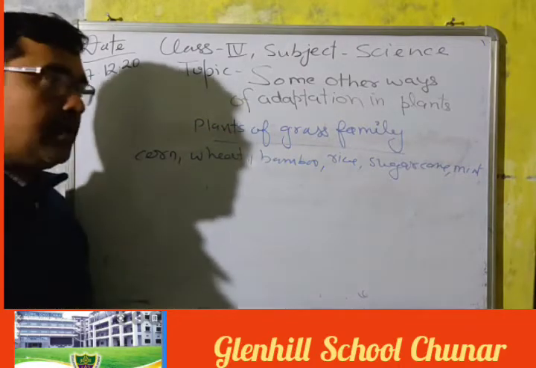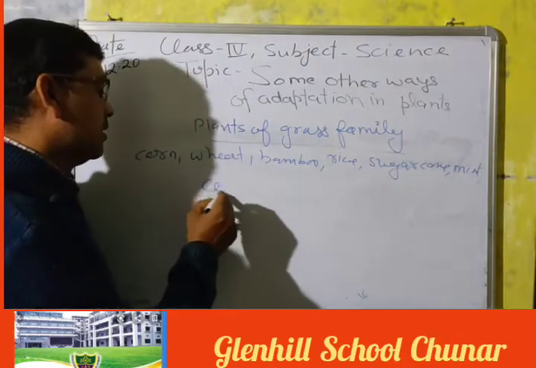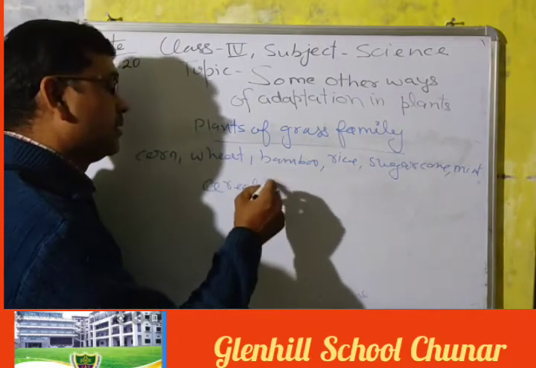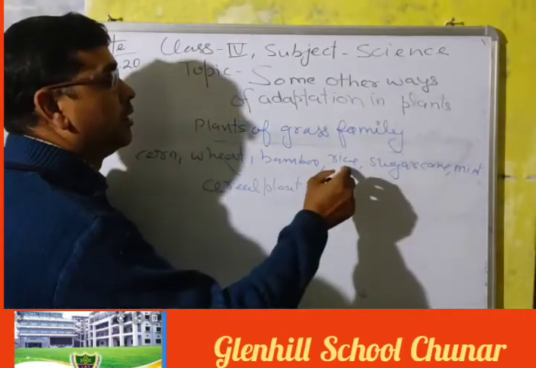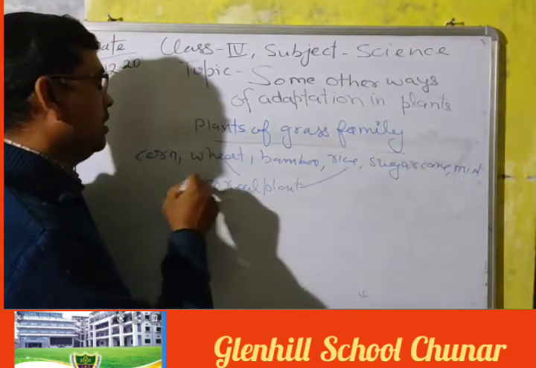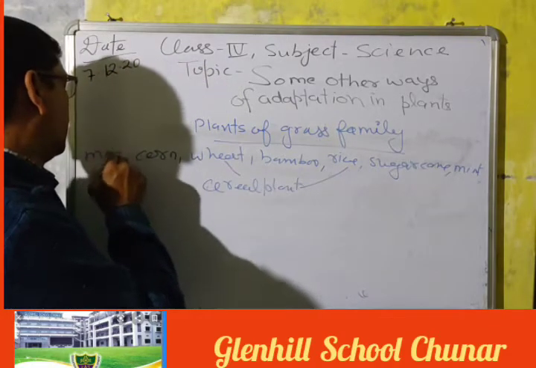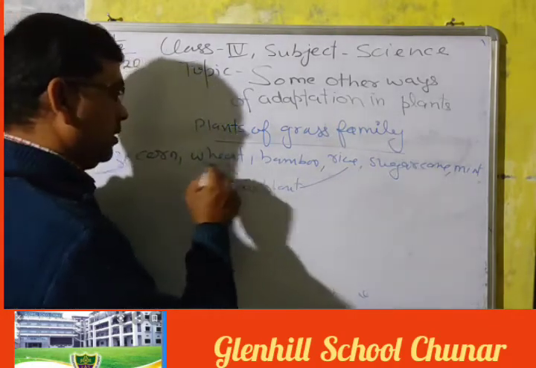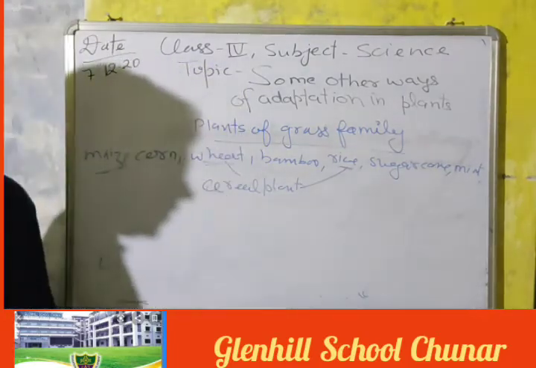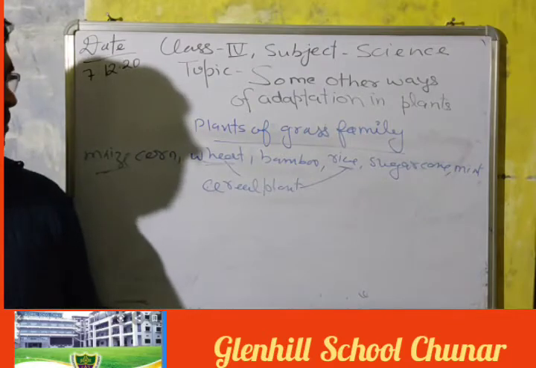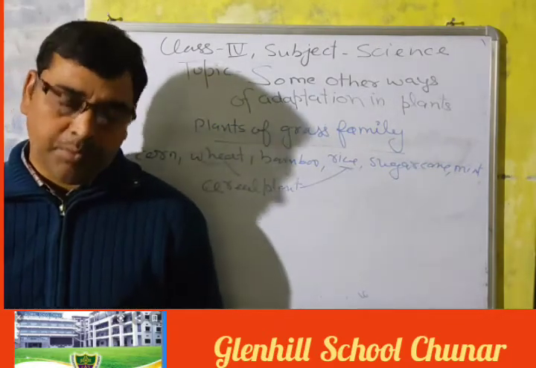Some plants of the grass family are called cereal plants, like wheat, rice, and maize. This is the staple food of the Indian people.